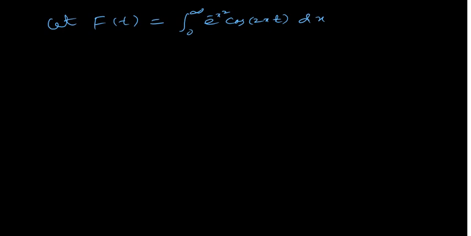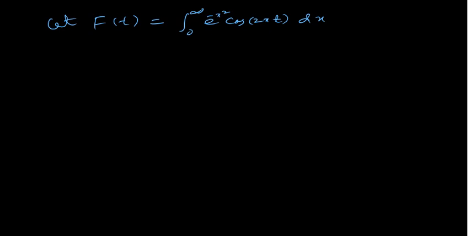Okay, so now we define the function to evaluate this integral. Let's come to our main discussion now. Let's define f of t. F of t is equal to the integral from 0 to infinity of e power minus x square cos of 2xt dx, and we show that this f of t is equal to root of pi by 2 into e power minus t.